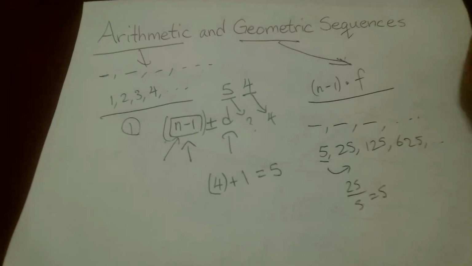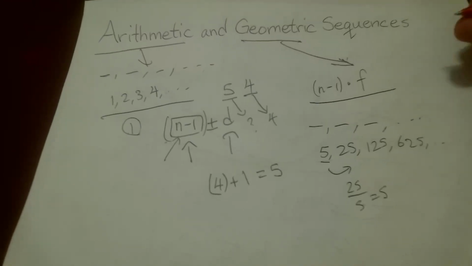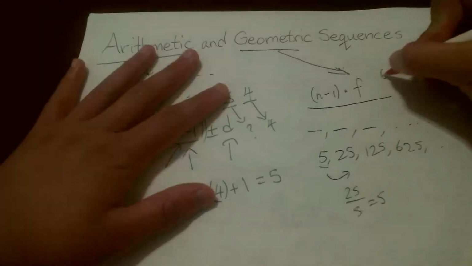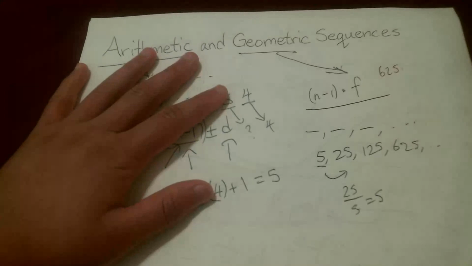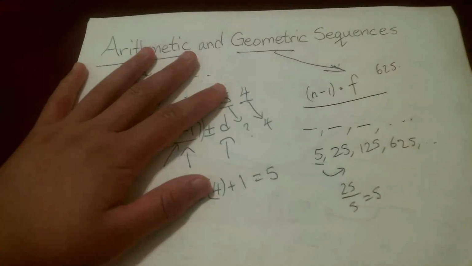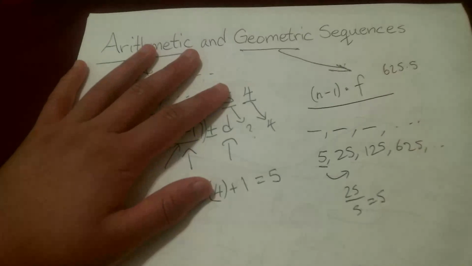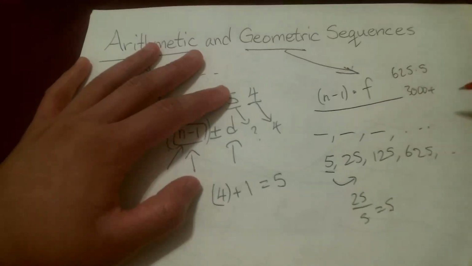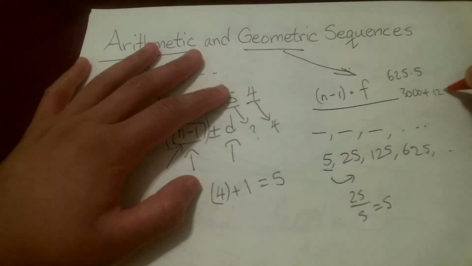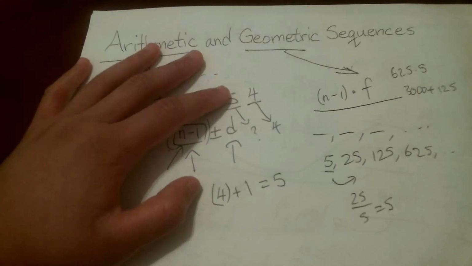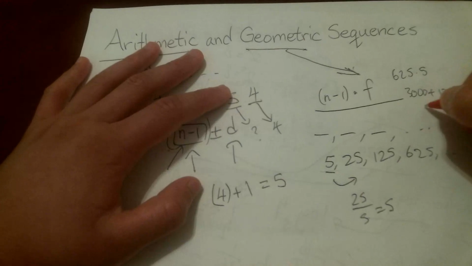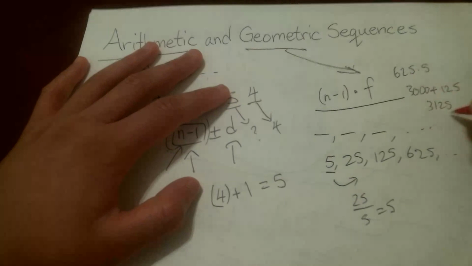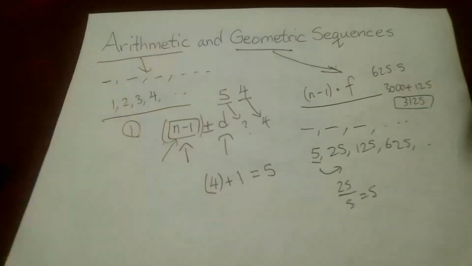If we wanted to find the fifth term, we would plug in the last term, which is 625, times the common factor, which we just solved equals 5. So 625 times 5 is 3,000 plus 125, which is 3,125. That would be the fifth term.